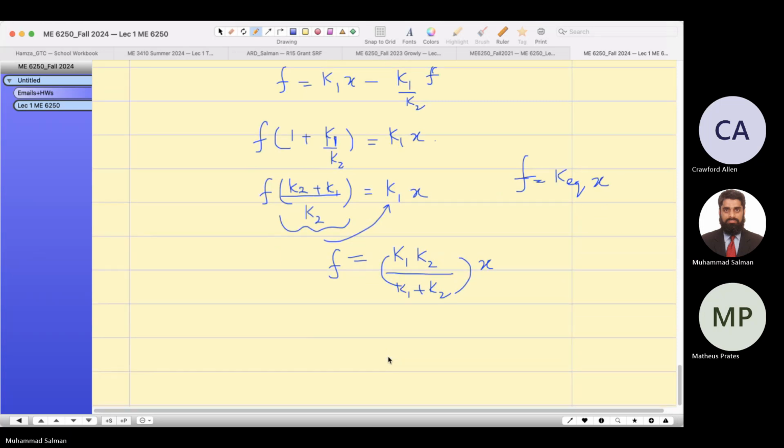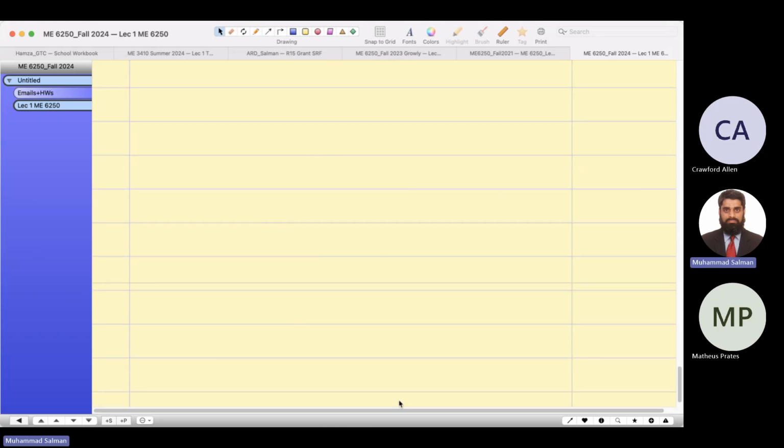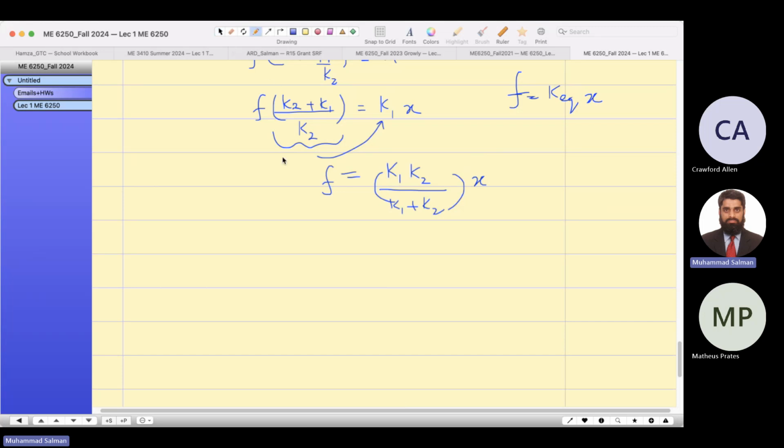In other words, I can write 1 over k equivalent equals 1 over k1 plus 1 over k2. How do I write this into this form? Look over here, k1 k2 and k1 plus k2 is just a simple LCM and this math.